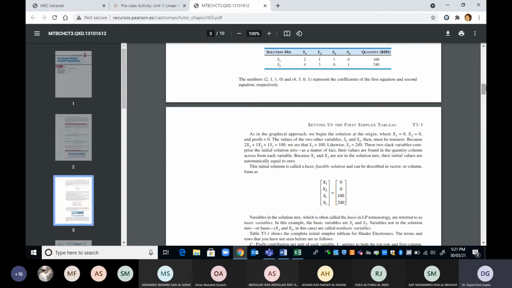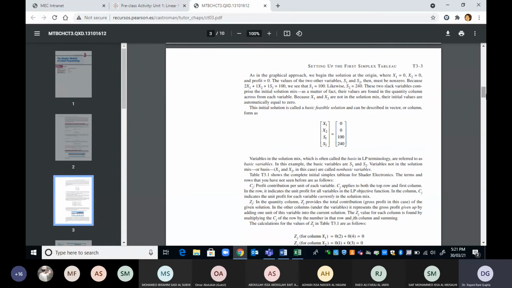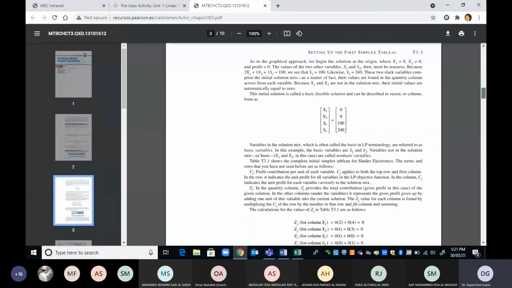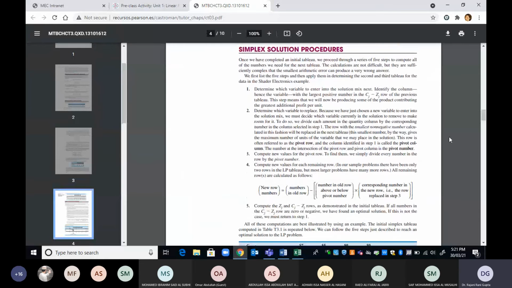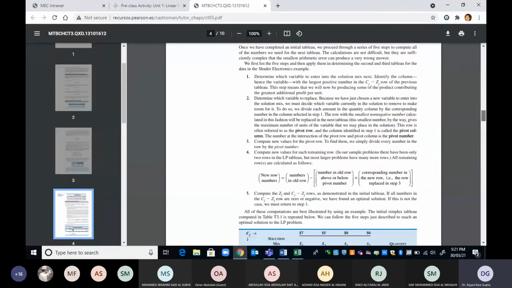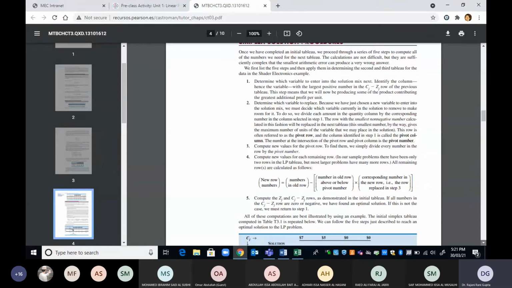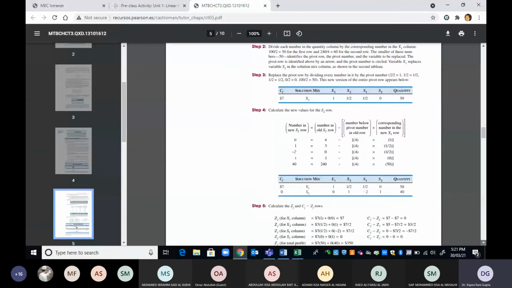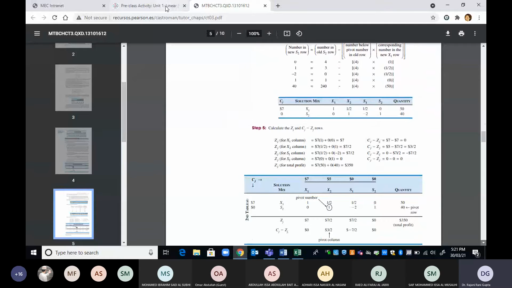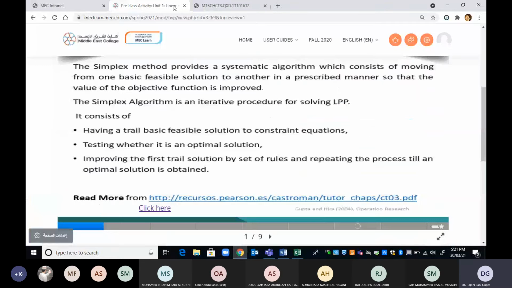How I did it is the same thing. And the method that I was talking about, the formula: the new number is the number in the old row minus the number in the old row above or below the pivot number, times the corresponding number in the new row. Whatever I explained to you is written in this source, as well as in the videos, available on page 1 on this link.